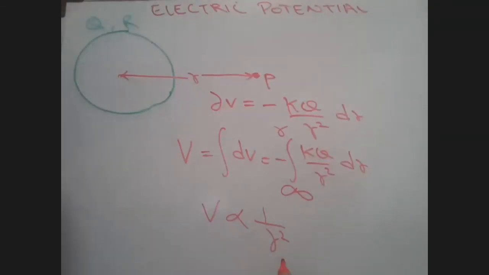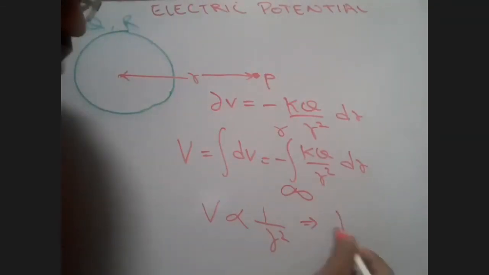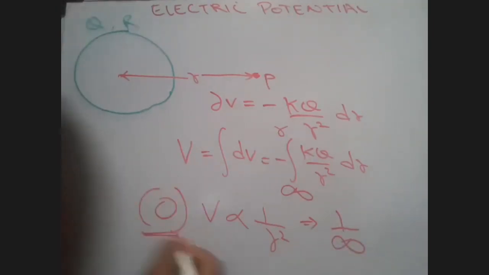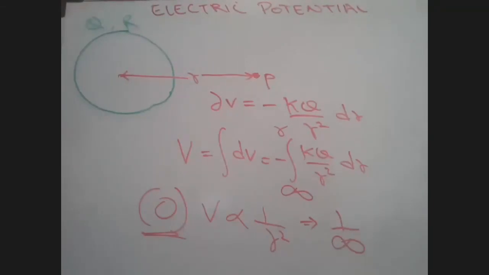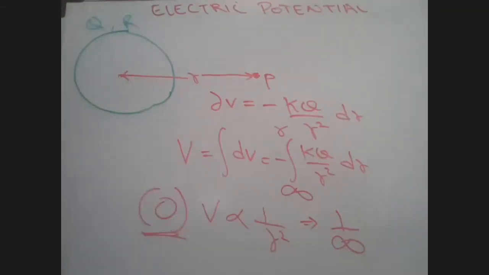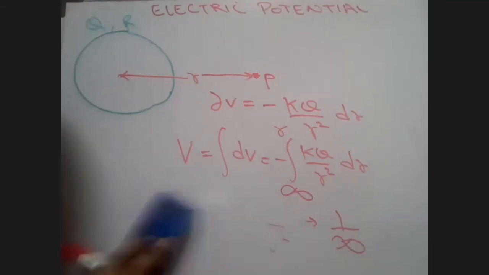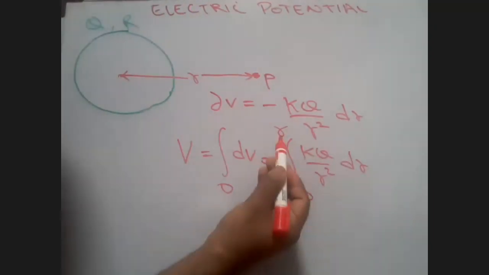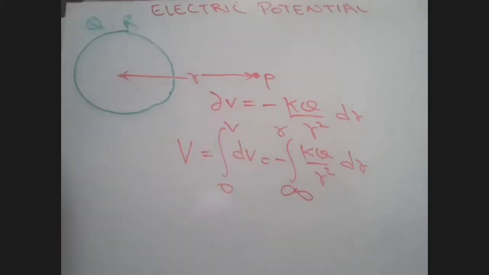If I make R infinity, what will V become? 0. So if I take infinity over here, the limit at this point is going to be zero. And if I am bringing it to a certain distance R, it is going to be some potential V.